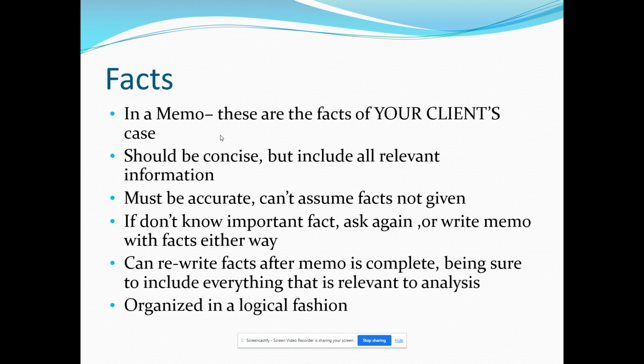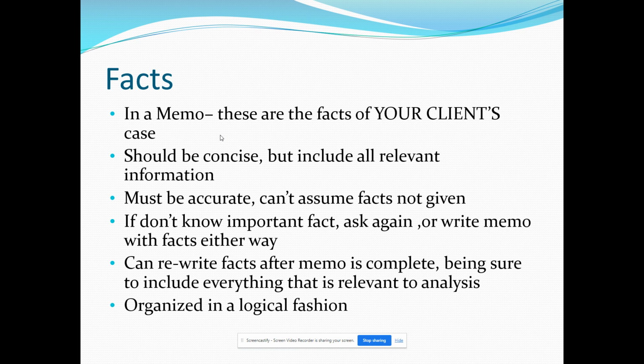If we don't know facts, we cannot assume them. If there is an important fact that we have not uncovered yet, we can go back to the assigning attorney and ask them, or you write the memo with facts either way. If the speed limit was 35 miles per hour, they were operating at an excess rate of speed.